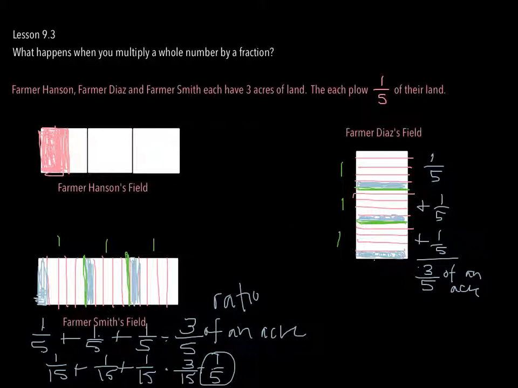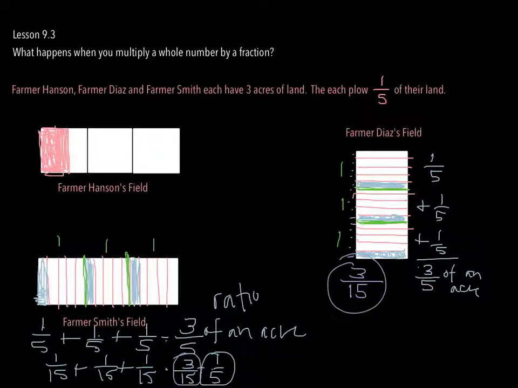We have to start looking at this as how many out of 15, because we have how many different slots? Let's change colors here: 1, 2, 3, 4, 5, 6, 7, 8, 9, 10, 11, 12, 13, 14, 15. So we have 15 total, and then we have 1, 2, 3. We have 3/15. Have we seen this number before?